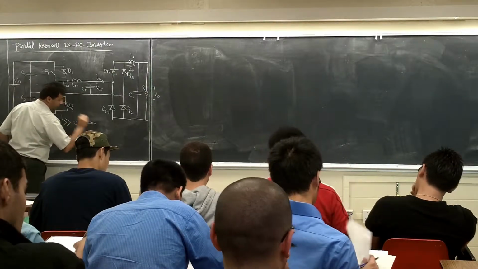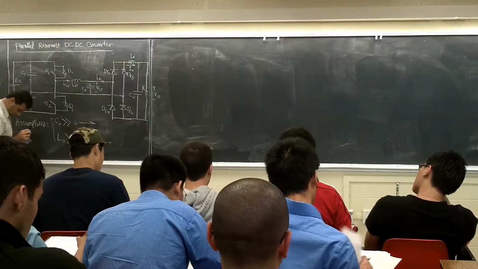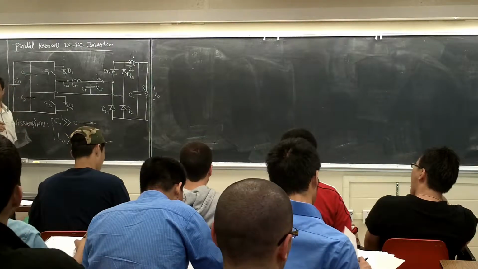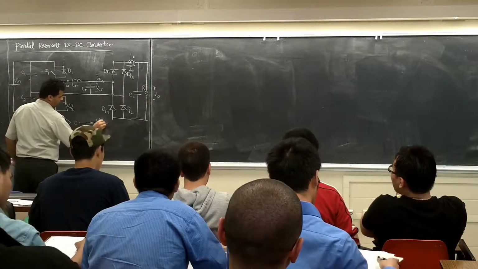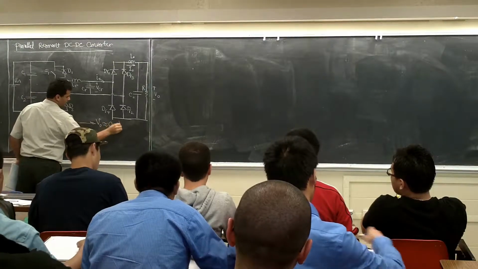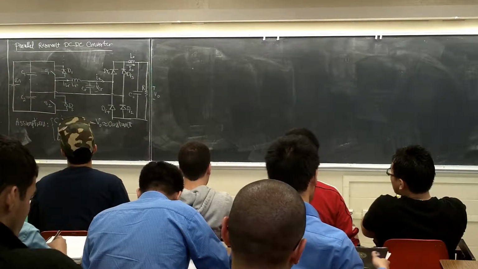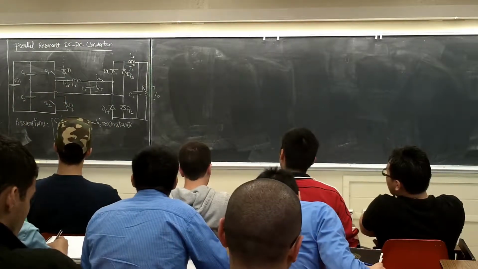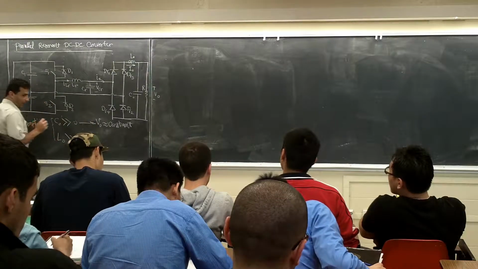If the CO is very big, what is going to happen? What is going to happen to VO? If the capacitor is very big, the voltage is almost constant. If LO is very big, how about that?